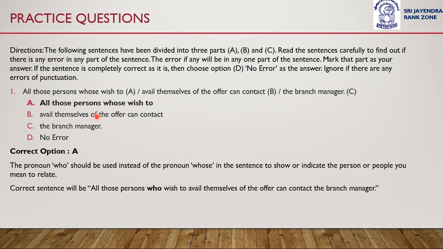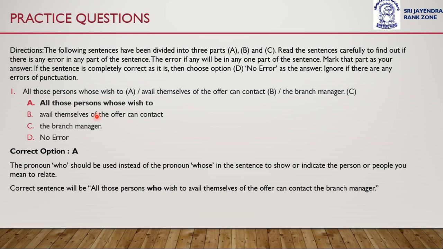It is not a thing, it is a living person, so we will use who. The correct sentence will be: all those persons who wish to avail themselves of the offer can contact the branch manager. I hope all of you have understood why we have used who instead of whose.